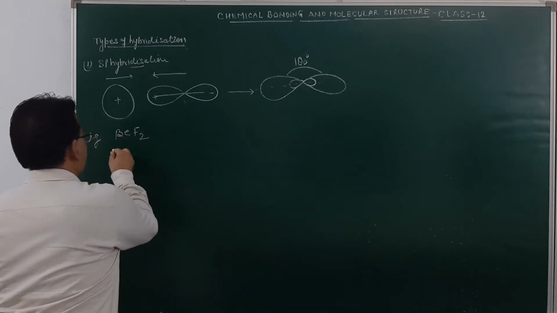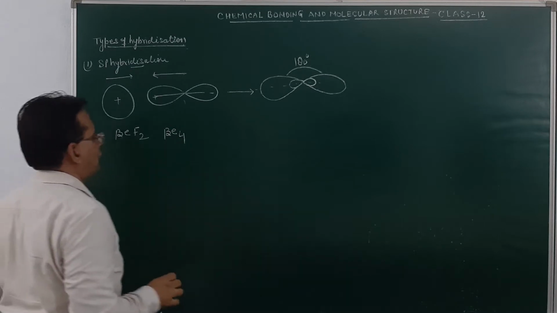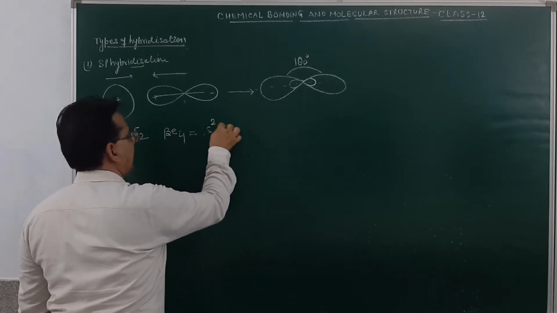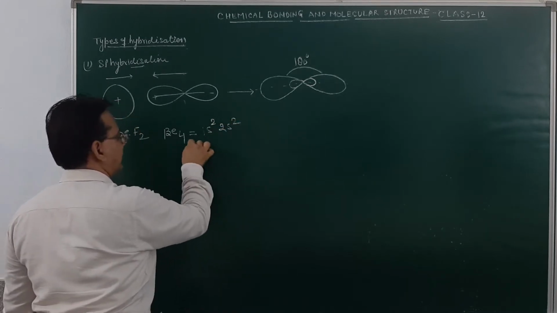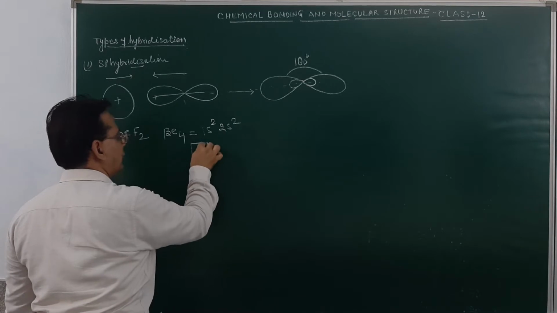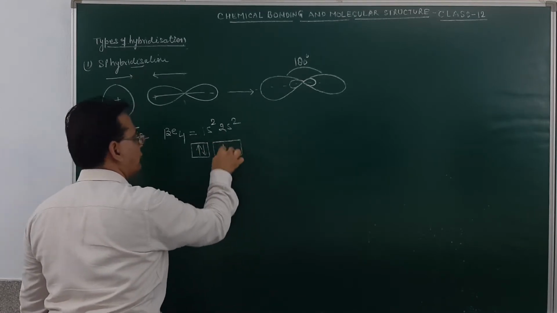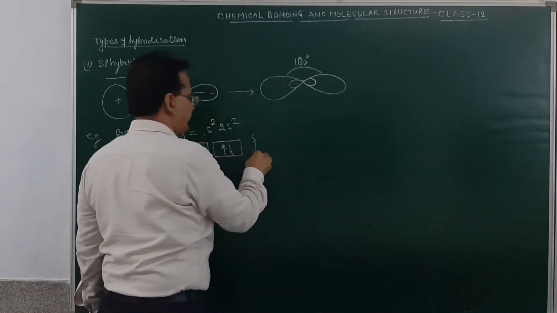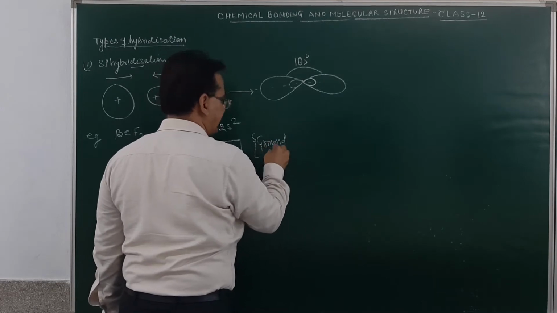Now, the atomic number of beryllium is 4. So, the configuration will be 1s2 and 2s2. That is, the 1s orbital will have how many electrons? 2. The 2s orbital will have how many electrons? 2. And this is in the ground state.